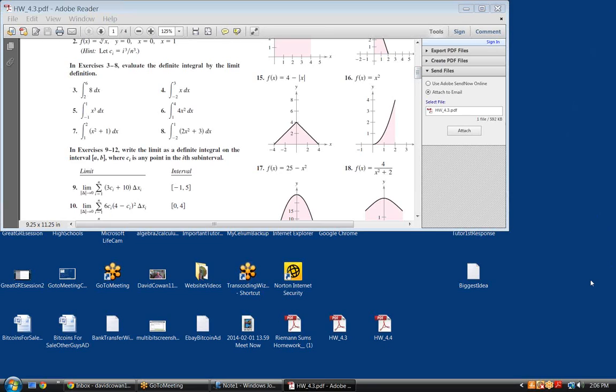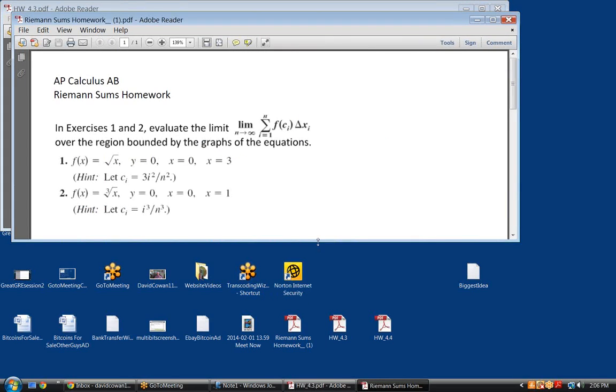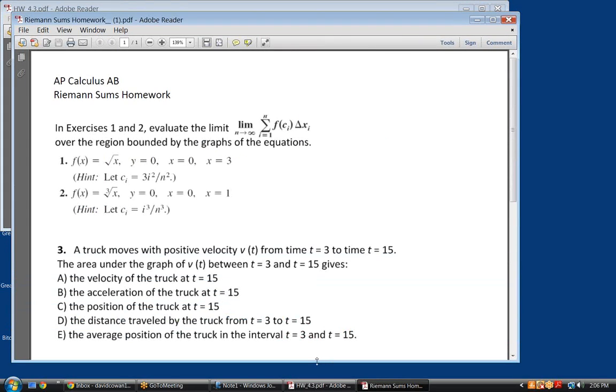In other words, they are not focusing on 1 through 8. The journal question for this week is focused on the concept of 1 through 8. In other words, this homework here, where we have to do 1 and 2? Yeah. All right.